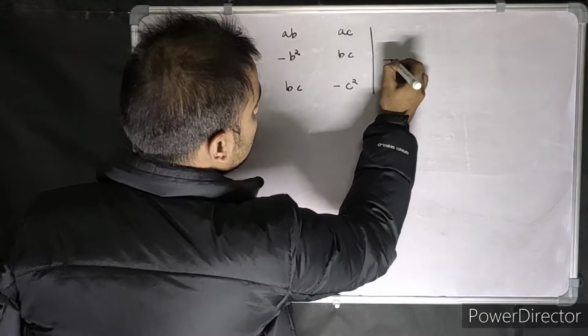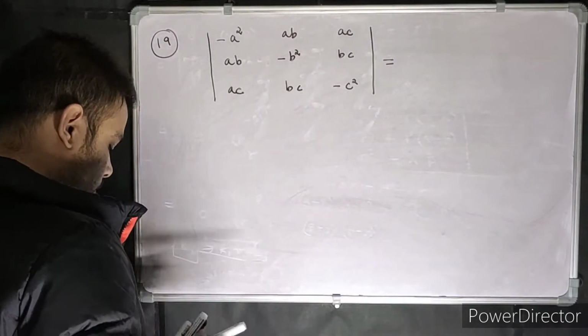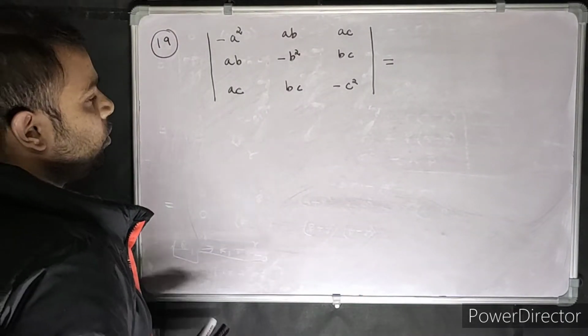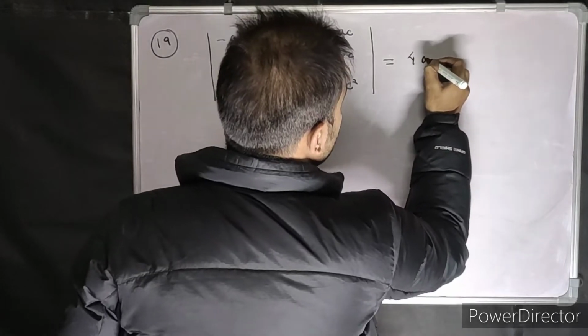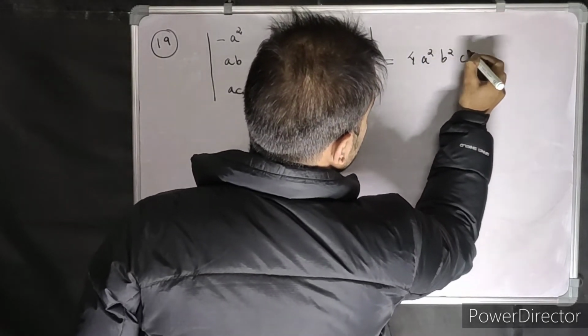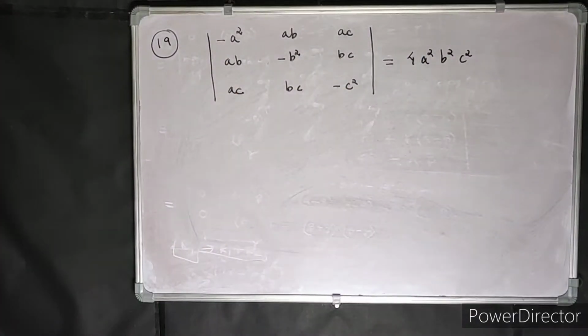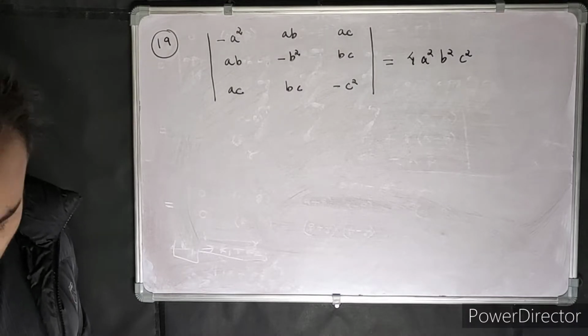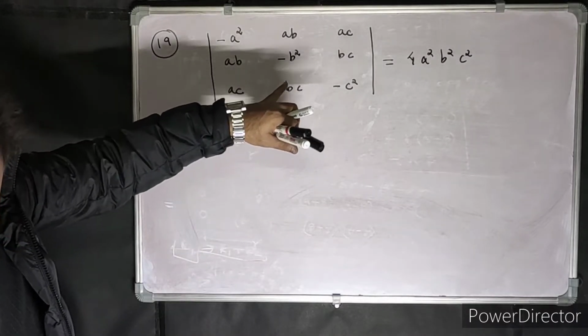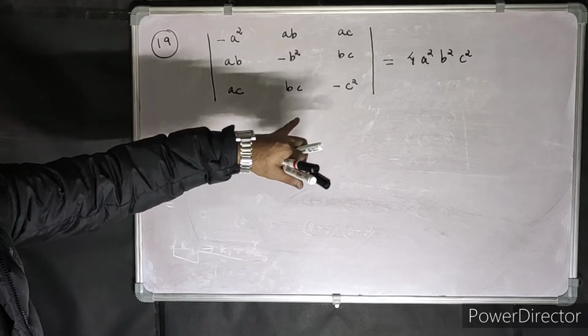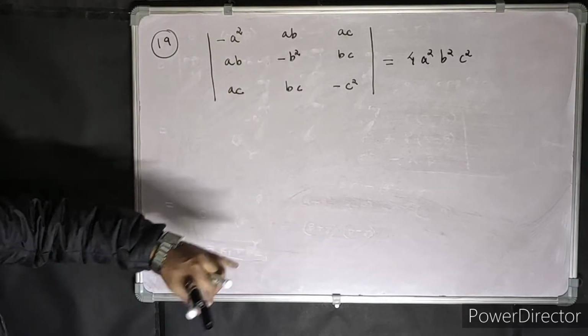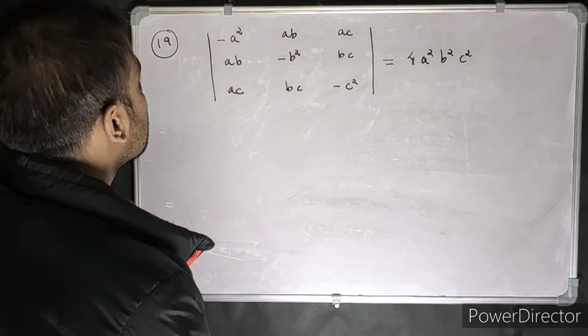You have to prove it is equal to 4A square, B square, and C square. Now look very carefully. I hope I have copied everything correctly, because I make mistakes in copying.